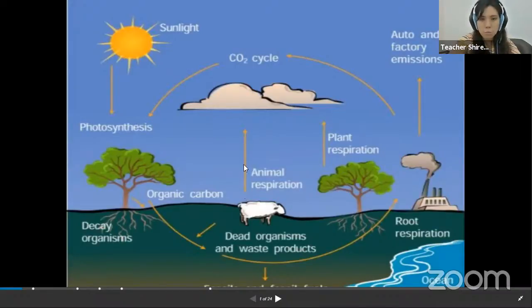The animals will then breathe out carbon dioxide. So you see, carbon dioxide. Then plants at night also create carbon dioxide. And the factory also emits carbon dioxide as well. So that's how the carbon dioxide cycle works in circles.